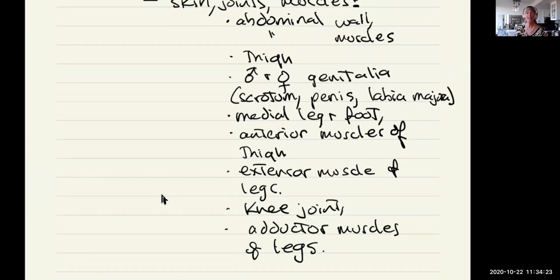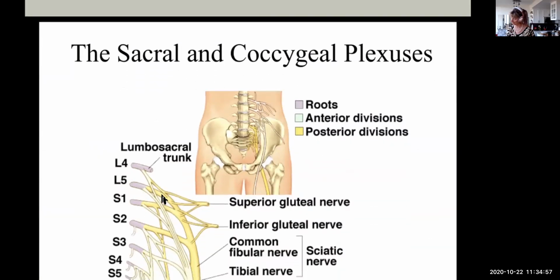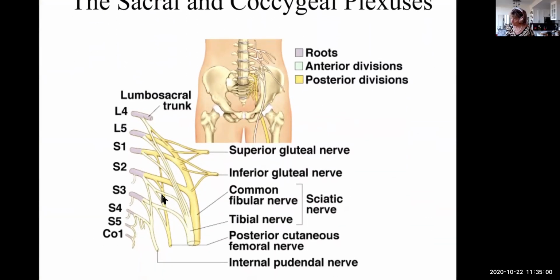So the last ones are the sacral and coccygeal plexuses. So these are the origins.